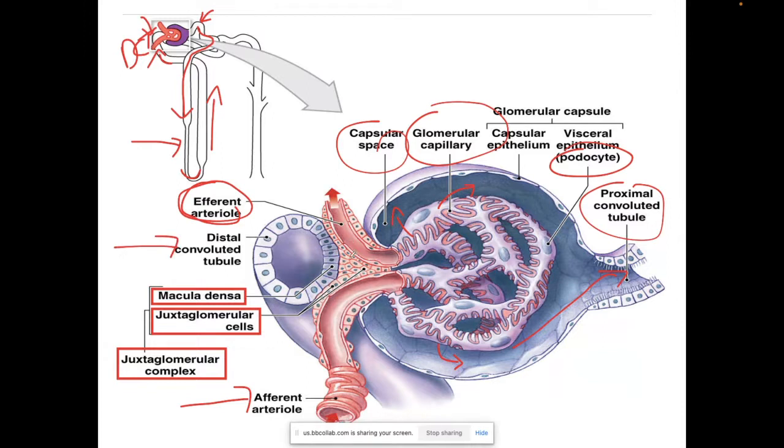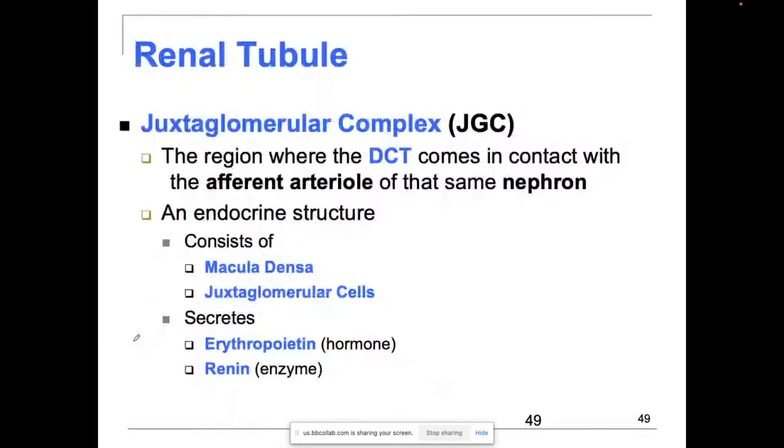and efferent arterioles. And there are important cells that line that distal convoluted tubule that are referred to as macula densa cells. These are macula densa cells. And right here, near the afferent and efferent arterioles, we have what are called JG cells, or juxtaglomerular cells. When we combine the macula densa cells and the JG cells, they call it the juxtaglomerular complex. And it's an important region.